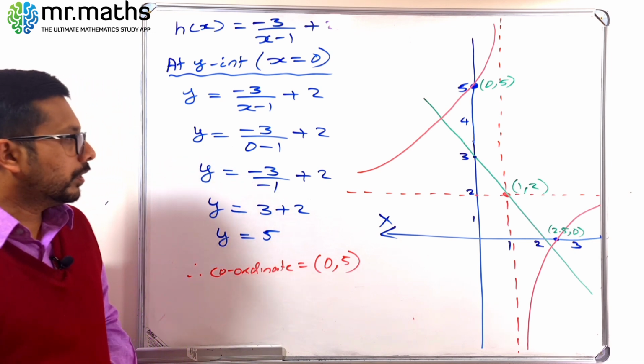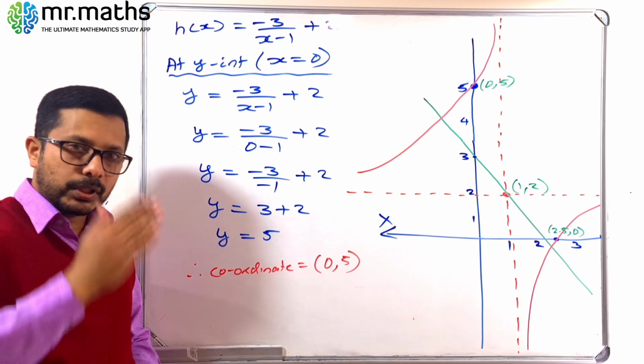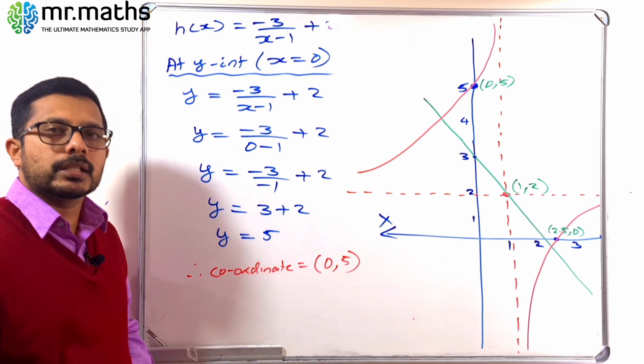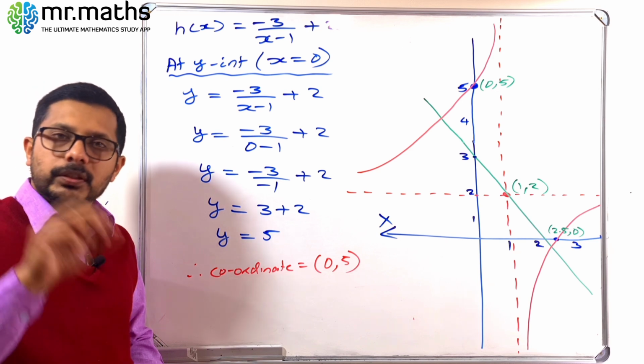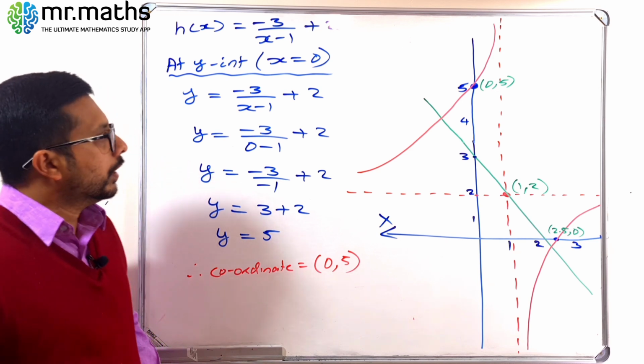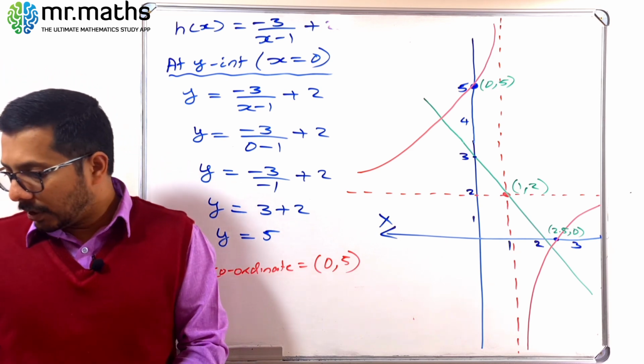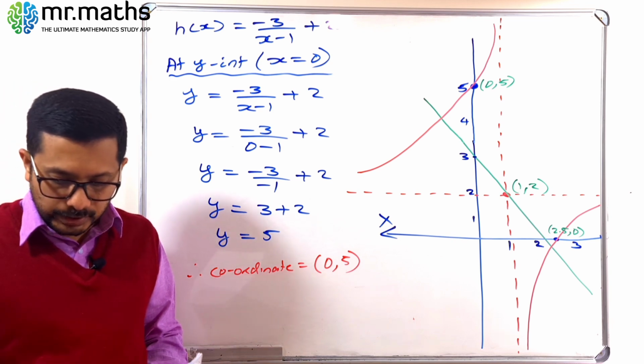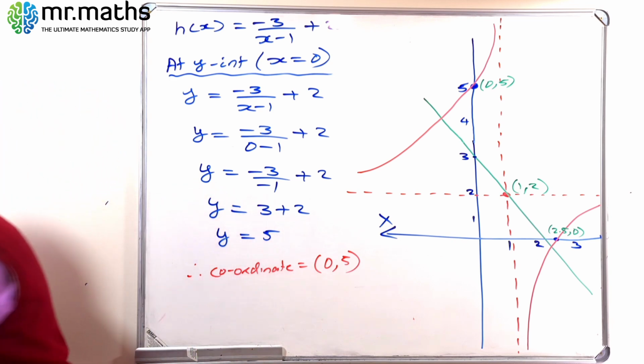Listen once more. First you have to draw the asymptotes, horizontal and vertical. Then you have to find the x-intercept and y-intercept. Then plot the graph. That's all. So that is question number 4.1.3. Now we have to move to the next question, question number 5.